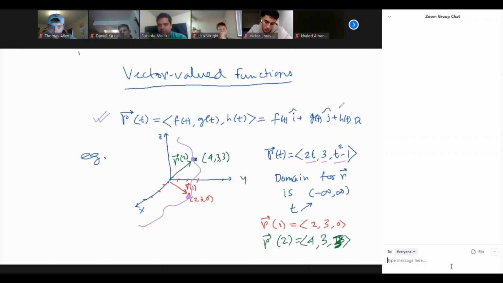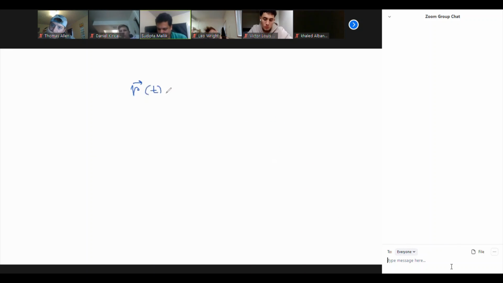Okay, so let's do an interesting example. This is really interesting. Let's do this function. r of t equals cosine t, sine t, 1.